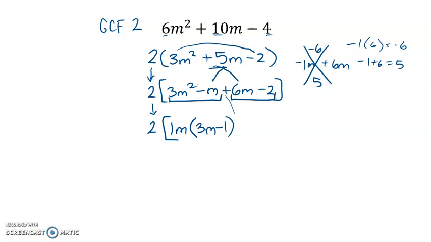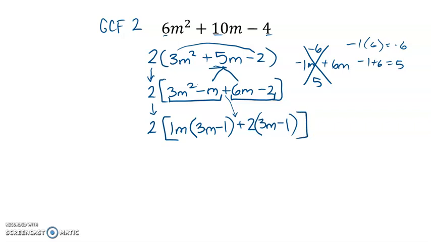Now I look at the second one, we're going to keep the positive sign. 6m and negative 2 have a 2 as a greatest common factor. Both of them can be divided by 2. They don't both have an m, so that's it. 2 times 3m gets me 6m. 2 times negative 1 equals negative 2.